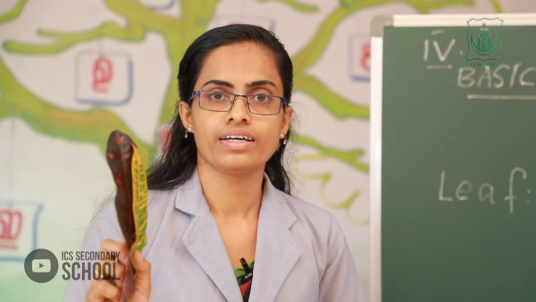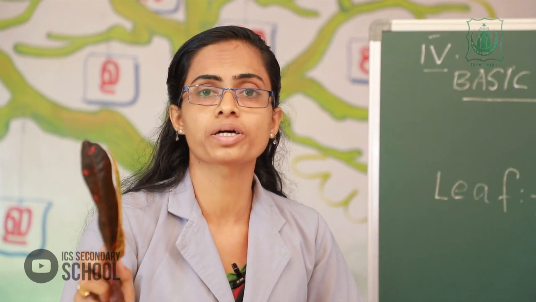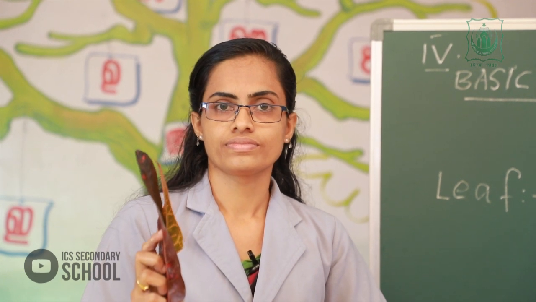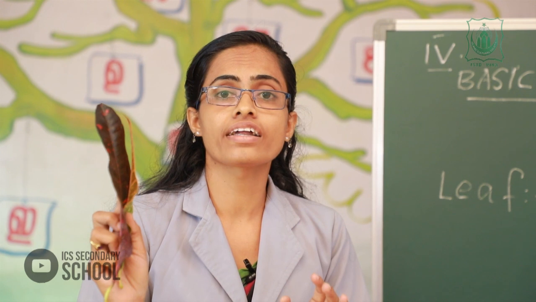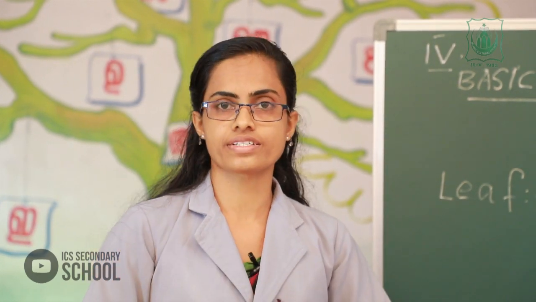Please listen to me. The croton leaves are dark red and have chlorophyll, but their green color is hidden by the presence of a red substance.